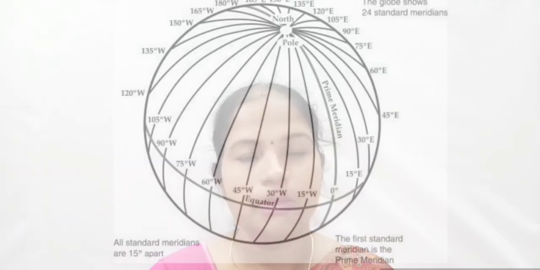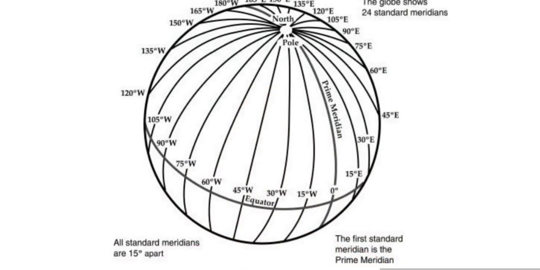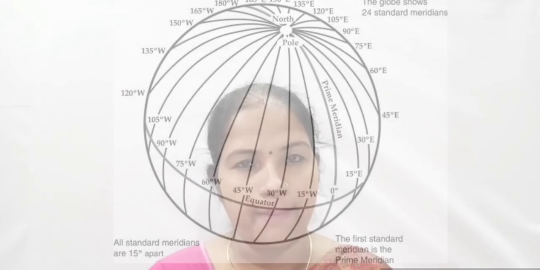The meridians which are towards the east of the prime meridian are marked as degree E, and those on the west are marked as degree W. For example, the meridian of Jaipur is 75 degree E.